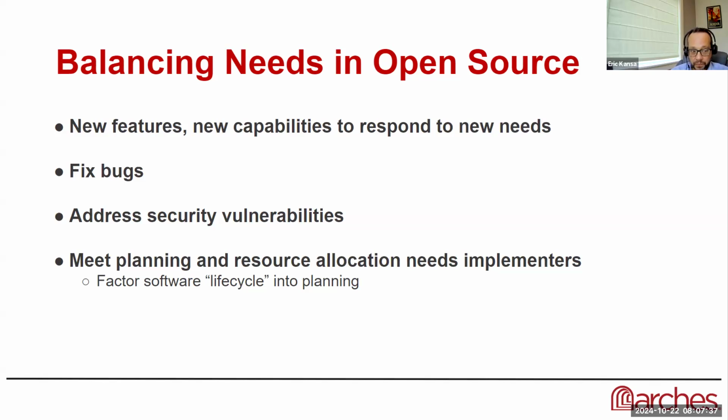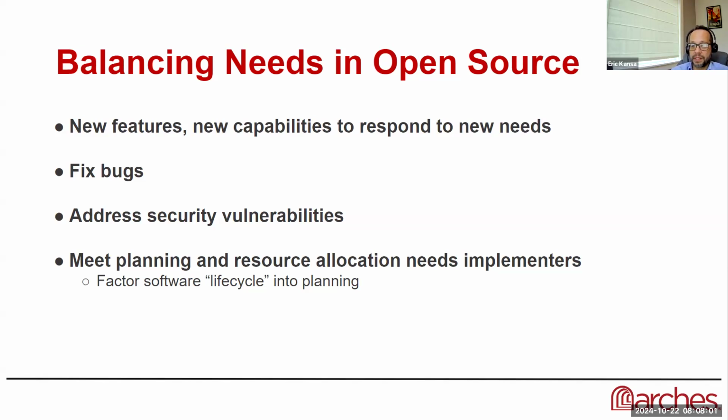And in addition, our understanding of user needs, your own organization's needs, that also is in constant flux. And so there's always a need for new features and new kinds of capabilities to respond to new needs or to respond to existing needs better as we learn more about how to respond to people's needs.